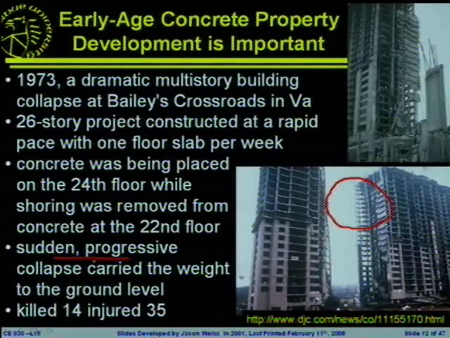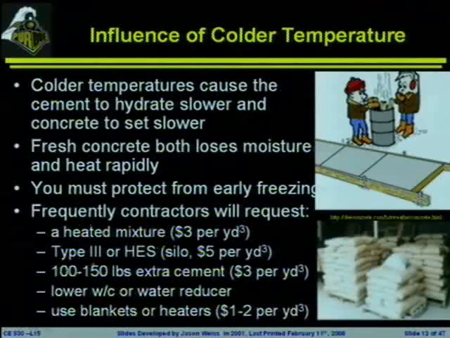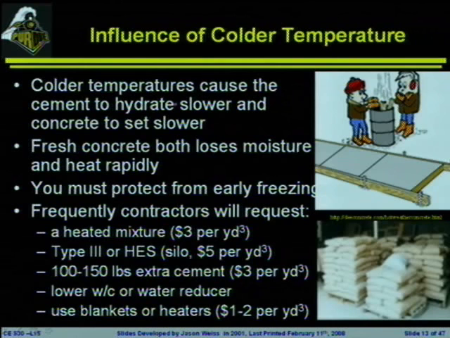And this is frequently seen, especially in the late fall construction season, that we need to be cognizant of the fact that concrete is going to react more slowly. It's going to set more slowly. So colder temperatures are going to cause the cement to hydrate in a more slow fashion, set in a more slow fashion. The concrete can lose moisture and heat very rapidly at this time.